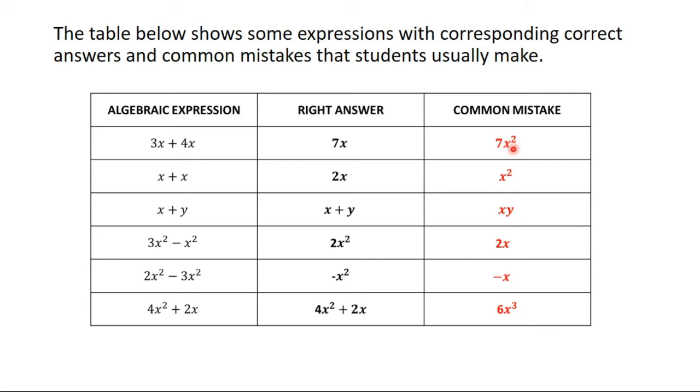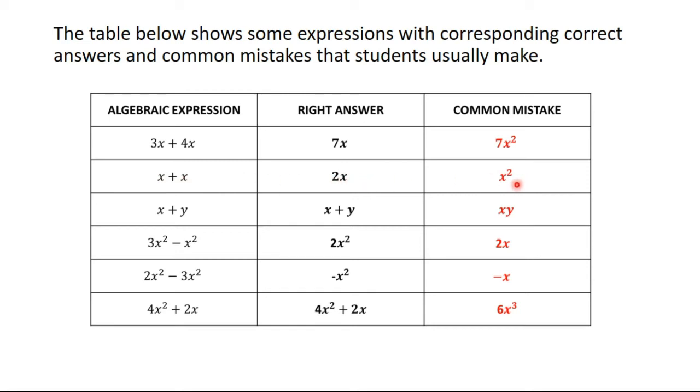That is a mistake. If you have the expression x plus x, the right answer is 2x, because the first x has a 1 in front of it, the second x has a 1 in front of it. So you add the coefficients, then you pick one of the variables. So x plus x is 2x, not x squared.